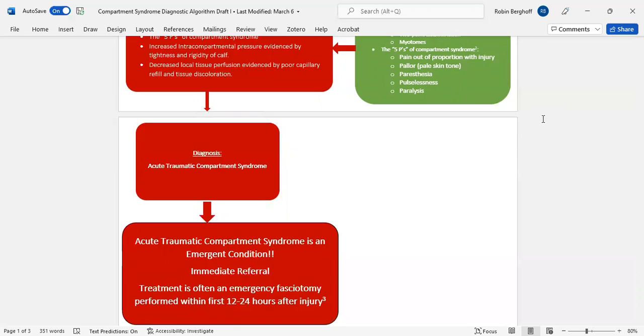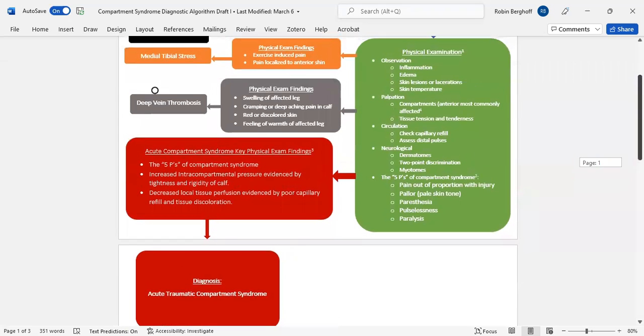Obviously, that is something that we as athletic trainers wouldn't do. That's something that our patients, our athletes, would receive at an emergency department at the hospital. Our job is to get them to the hospital as quickly as we can. So that is why we would want to use this diagnostic algorithm.